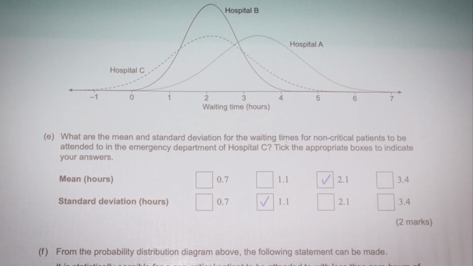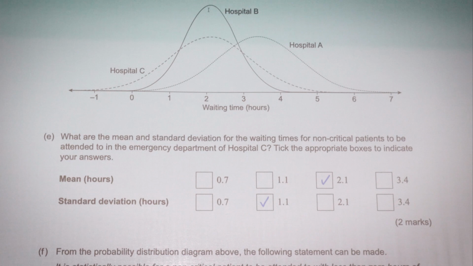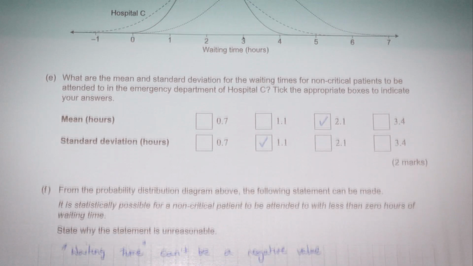With the next question, we were asking to state if a claim is supported. So it said Hospital B claims that 25% of non-critical patients will be attended within 1.5 hours. So students could either tackle it from the 25% angle, or they could tackle it from the 1.5 hours.